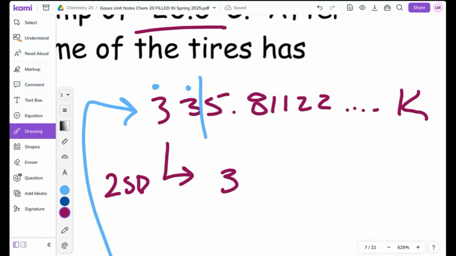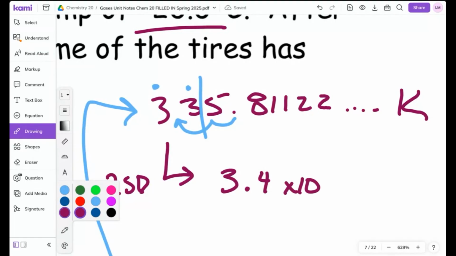For scientific notation here, we need to move the decimal so that there's only 1 digit in front of it. So I need to move this decimal 2 spots over to the left. So 3.4 times 10 to the power of.